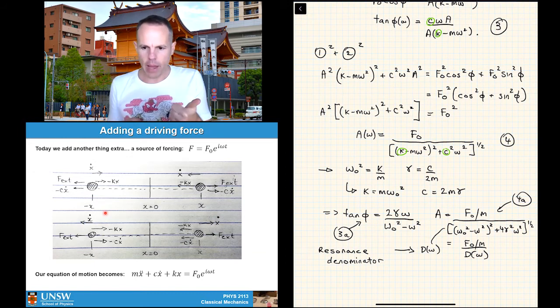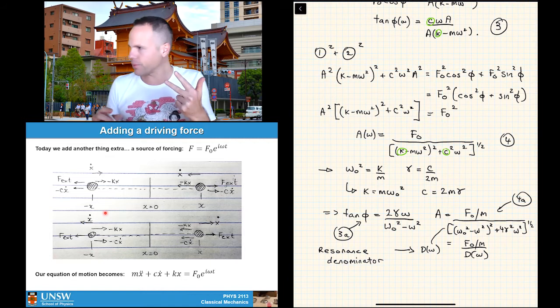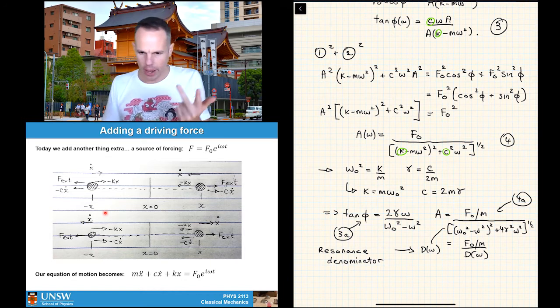So a mass, which means we must have a body. We've got a spring constant, which means we must have a spring. We've got a C, which might be tied to, for example, a damping mechanism or air resistance or something like that.